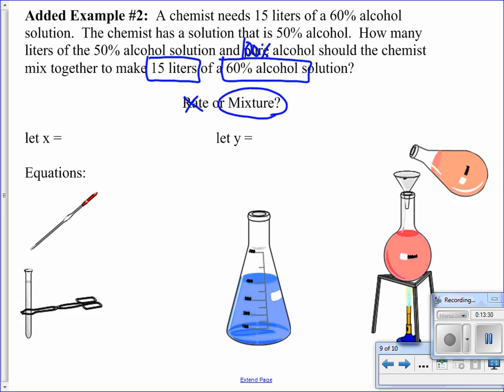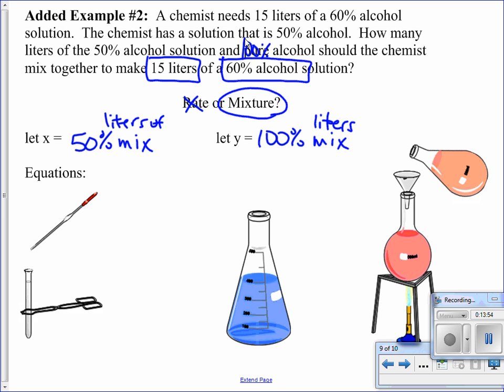So x is going to equal, I've got a 50% mix and I've got a 100% mix. So one equation's about how many liters, and I guess these are liters of 50% mix and liters of 100% mix.